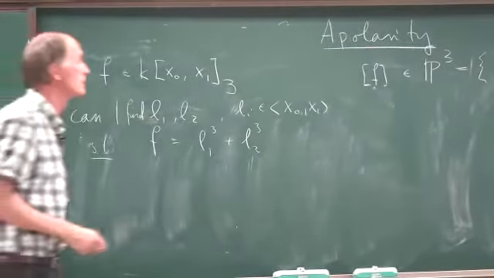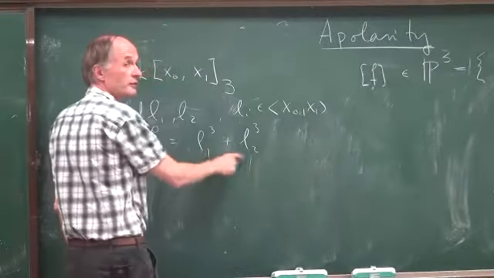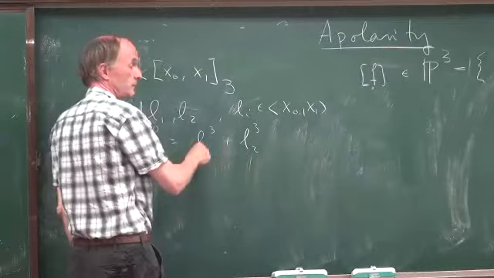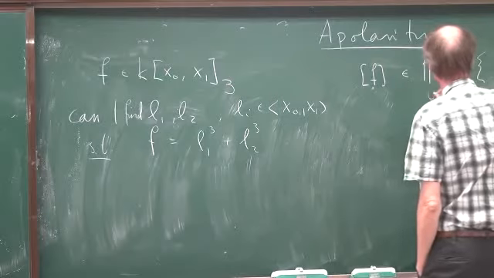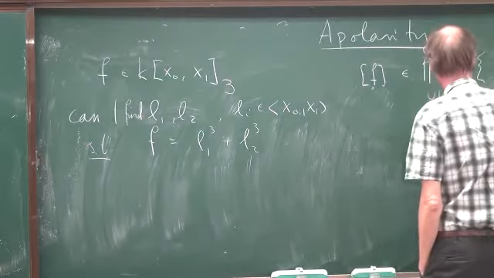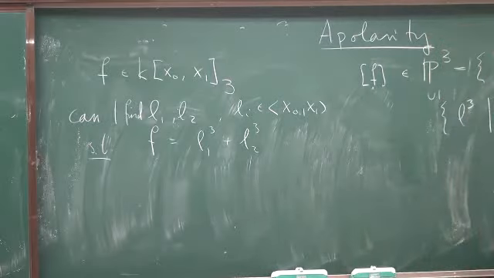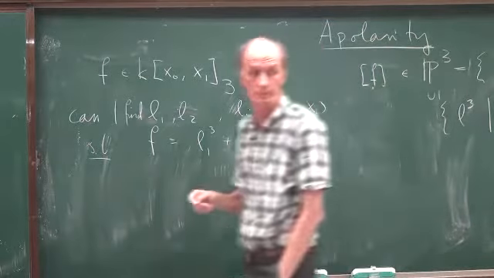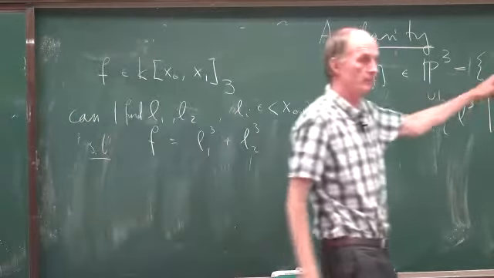Okay? And these guys are also points in the same space. So inside here I have the collection of L cubed, where L is in x0, x1. So among all the polynomials, I have the pure cubes.